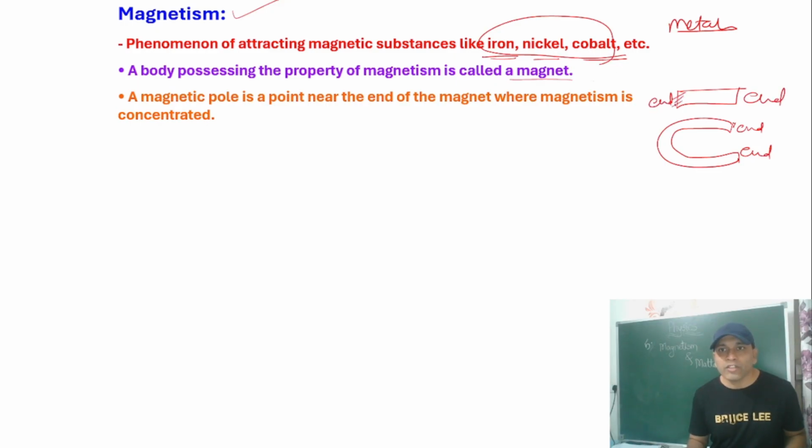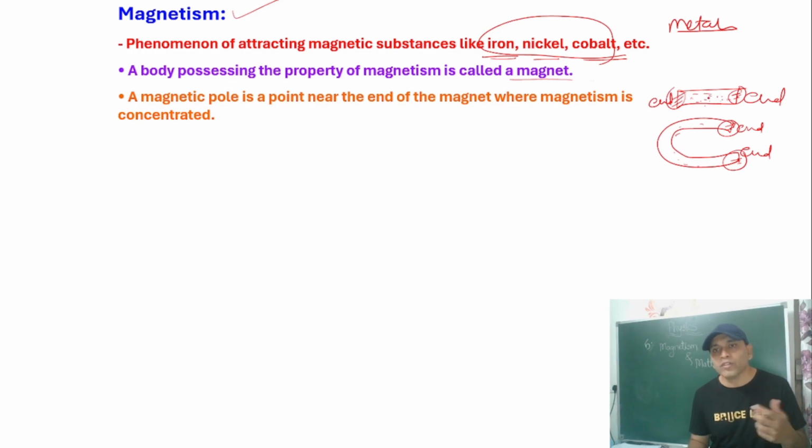So the material will show this side and that side as magnetic poles. These end points are shown as magnetic poles, and there we see the concentrated intensity of magnetism. Here the whole body of the magnet has some magnetism, but the ends are more concentrated, not the middle of the body.